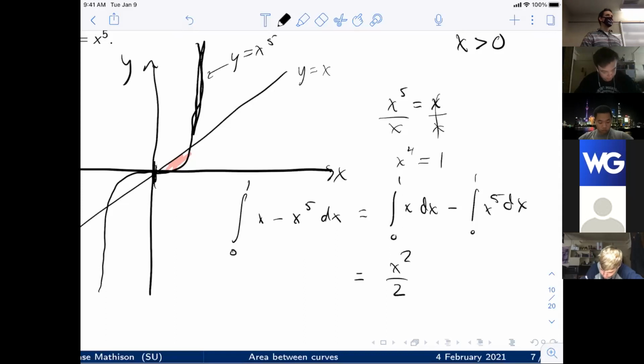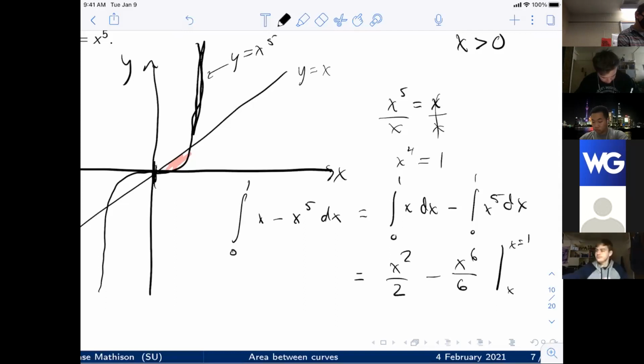Perfect. And what's an antiderivative of x to the 5th? Perfect. X to the 6th over 6. And then I just plug in x equals 1 and x equals 0. Wonderful. All right, and so I'm going to get 1/2 minus 1/6. And then when I plug in 0, I just get a bunch of zeros, right?